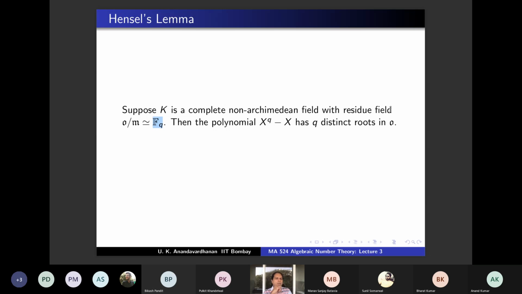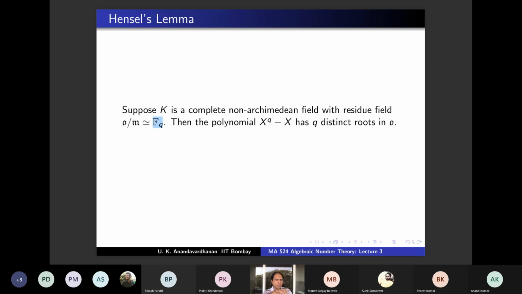Okay, and this is slightly non-trivial. This is actually by Hensel's lemma. We are applying today's Hensel's lemma actually. Okay, so what have you got? You have got K and you have got O, which is a DVR, and not just that, the residue field is finite.